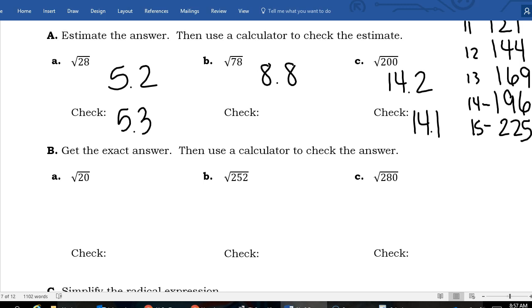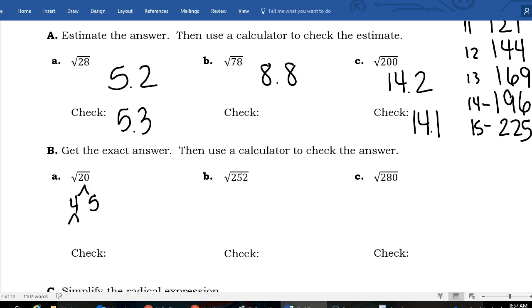So if I have the value 20, what I need to do is break this down into my perfect squares. So I know 20 is the same as 4 times 5. 4 is a perfect square. So if I have a perfect square, I can take the root of that value and pull it out.